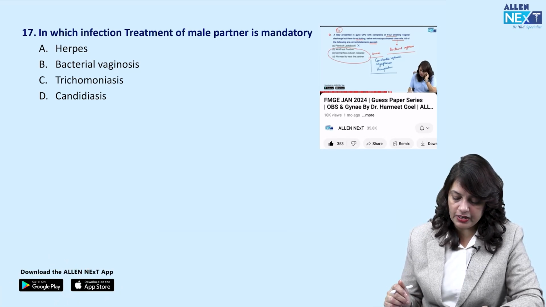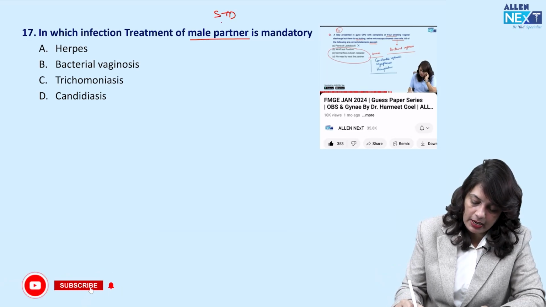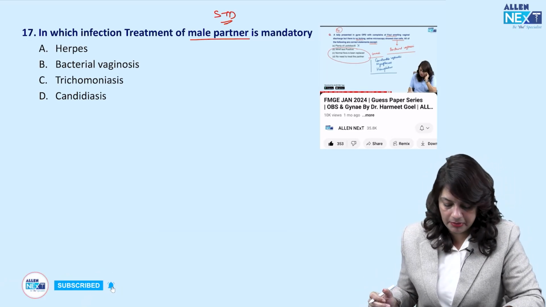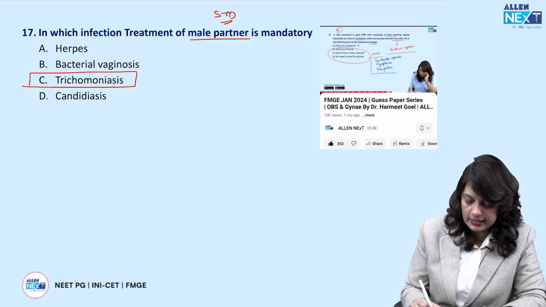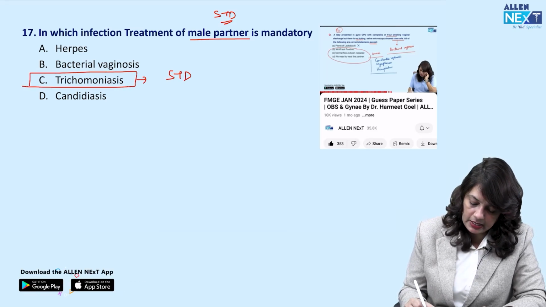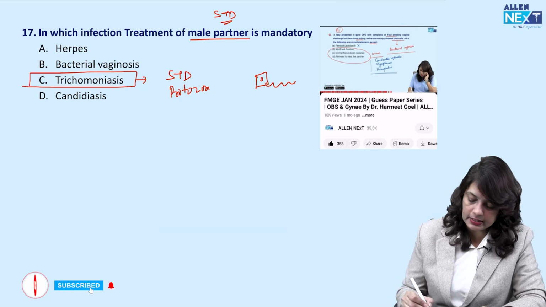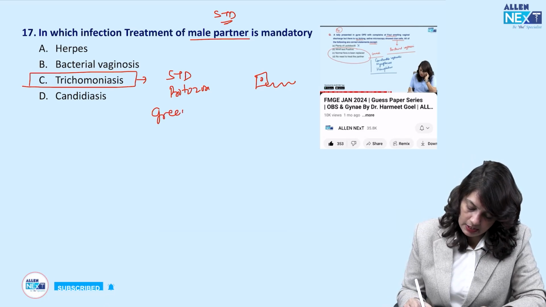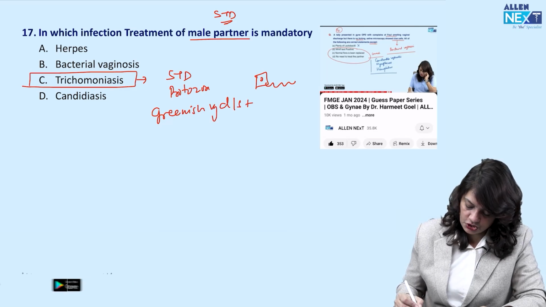Next, in which infection is treatment of the male partner mandatory? So they are asking about an STD where we treat the male partner. The answer is trichomoniasis, an STD caused by a flagellated protozoa, and it produces a greenish vaginal discharge.